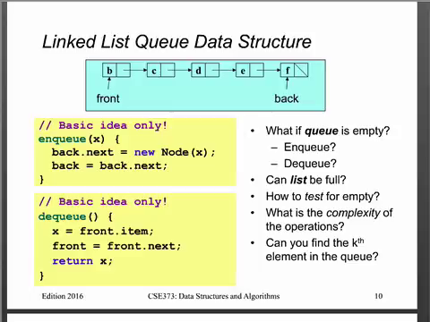We also have the linked list implementation, which is very easy. We need to have 2 pointers on the linked list. One pointer is on the front of the list, the other pointer is on the last item of the list, and then we can enqueue and dequeue. Remember that we enqueue on the back and we dequeue from the front. That's the trick. And so all the operations have complexity O(1).